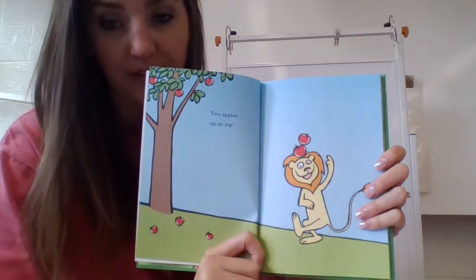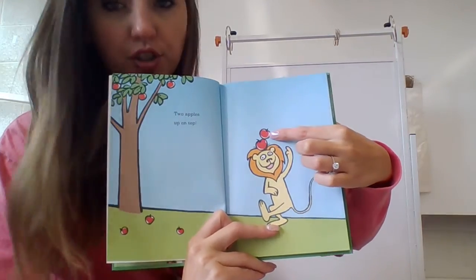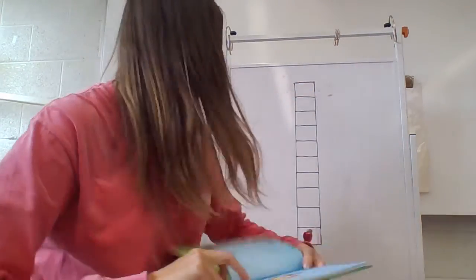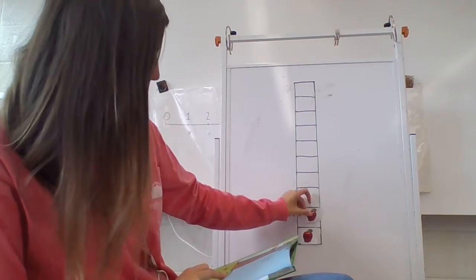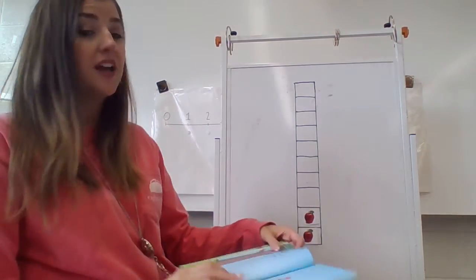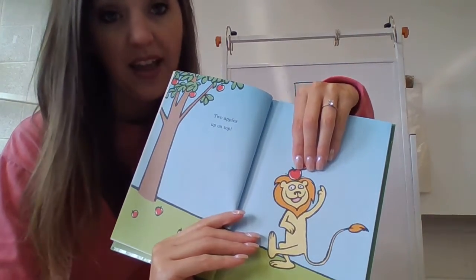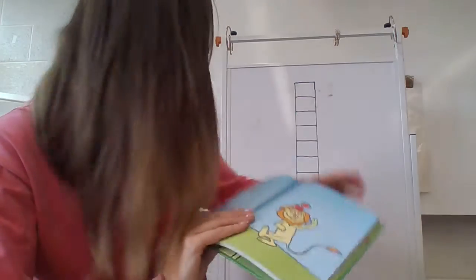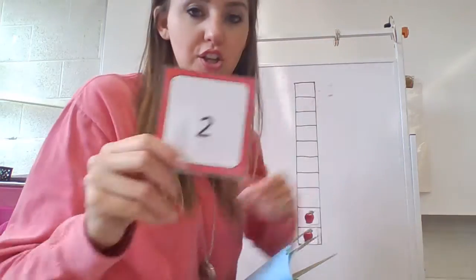2 apples up on top. 1, 2. So we have 1, 2. He started with just 1 apple on top of his head, and then he added 1 more. So now there's 2 apples up on top. 2.